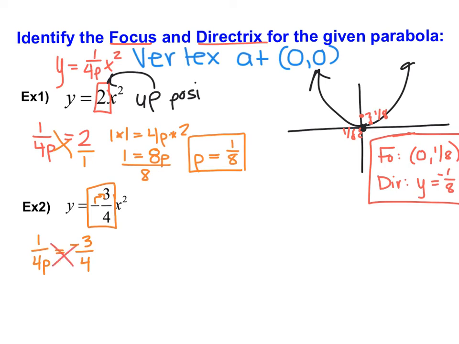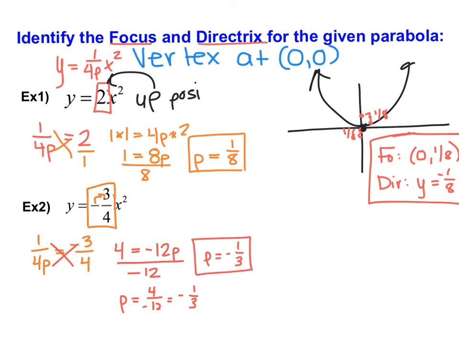I get 1 times 4, which is 4, equal to 4p times negative 3, which is negative 12p. Then I can divide by negative 12, and I find a p-value equal to 4 over negative 12, which simplifies down to negative 1/3. So my p-value here is negative 1/3.